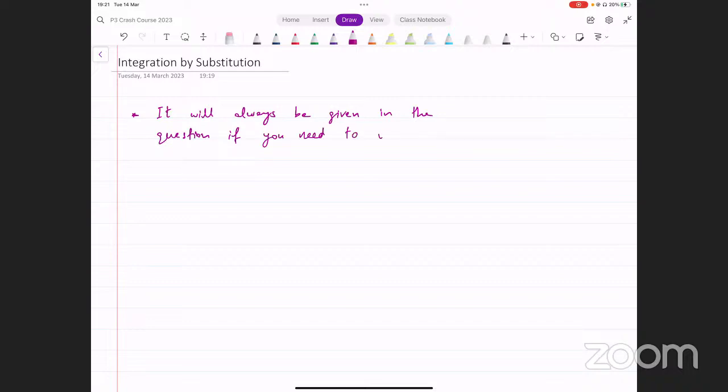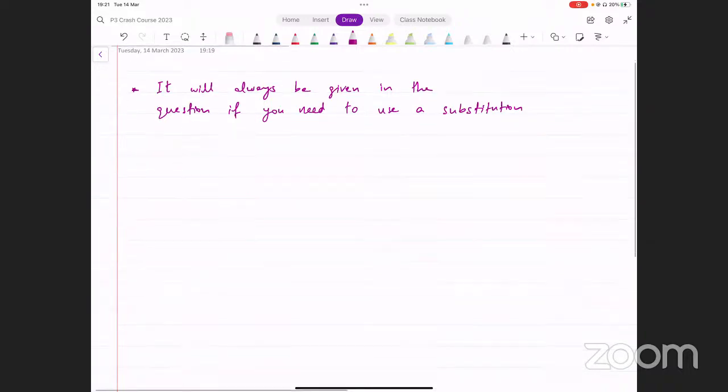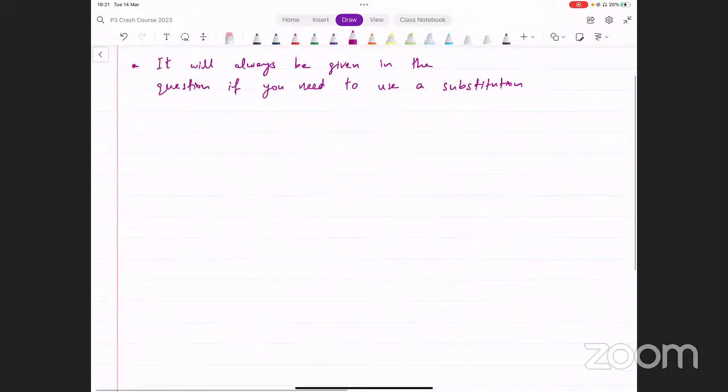So you won't have to think as much about this. They will always tell you, and they'll also tell you what substitution you have to use. So you won't even have to think about that. They'll tell you that this is the problem and this is the substitution that you have to use for this.